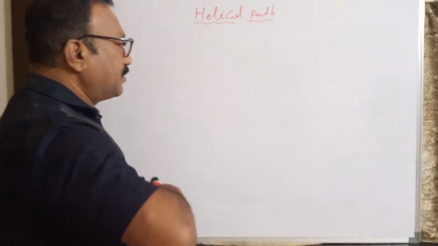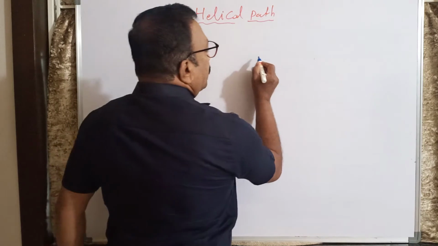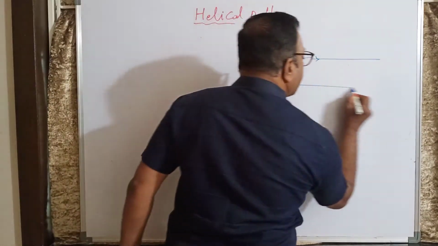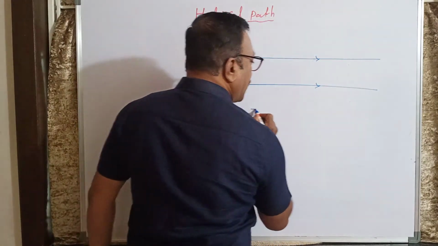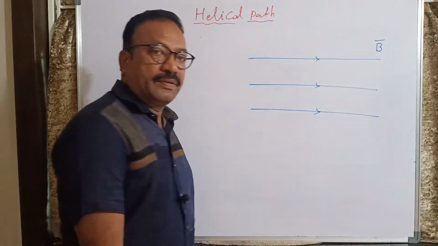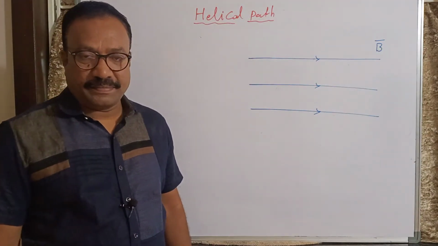Let us start this discussion first. I am considering a uniform magnetic field B bar is existing.